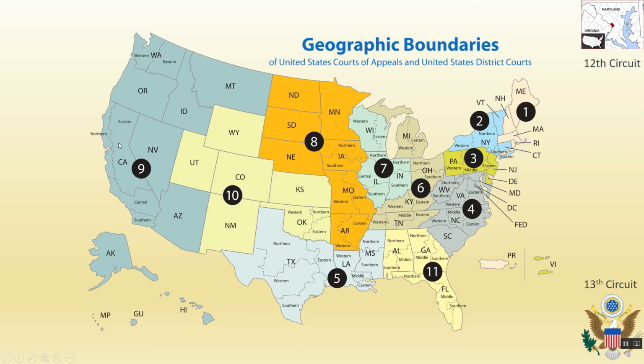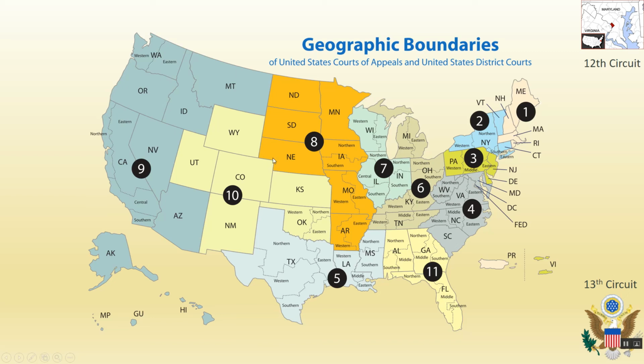So, for instance, the Ninth Circuit Court could issue a ruling that says something to the effect of there is a constitutional right to same-sex marriage. And if that's the case, then this decision would apply only in the Ninth Circuit.